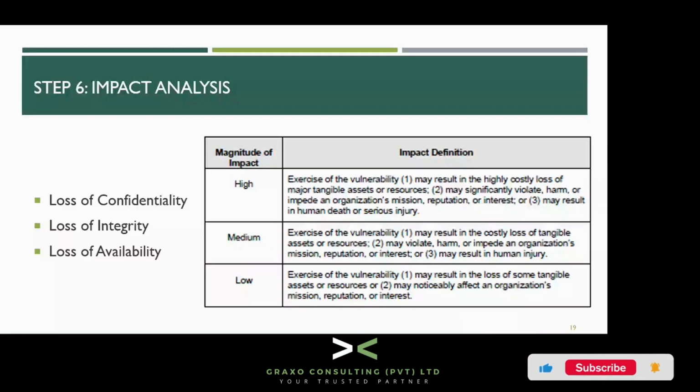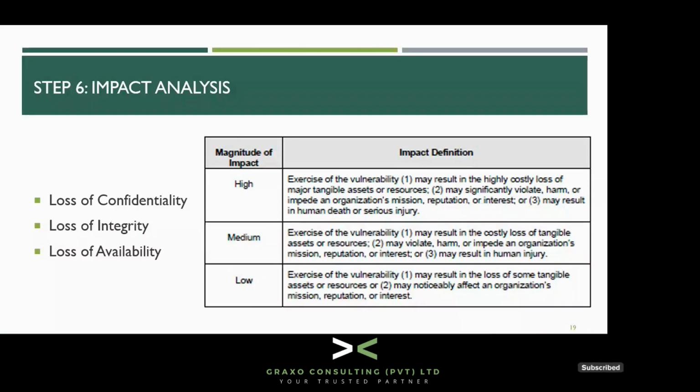As you can see, it is written that it is a highly costly loss there, so a costly loss here is not as costly as in the high impact scenario. It could also harm the organization's reputation or mission, and it could also result in human injury as well. So the magnitude of the impact is defined as medium for this case.